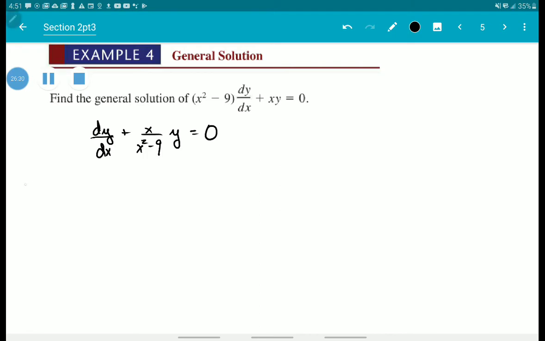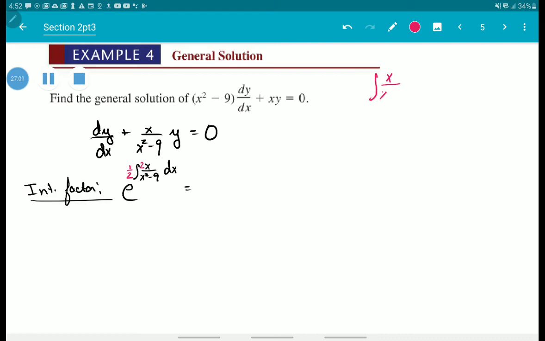So now we need our integrating factor. So if we integrate that exponent, that's a u substitution. If u is the denominator, then we would need a 2 there and compensate with a 1/2.